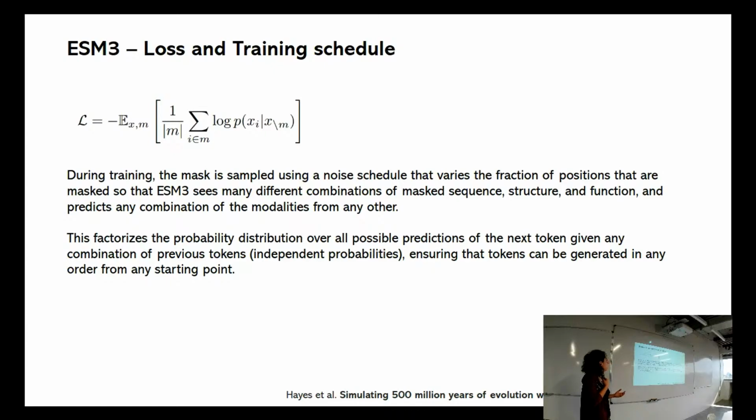This is done by not masking just some random amino acids, as we've seen yesterday in sequence, but playing this game many times and masking a different fraction of amino acids each time you run it. In this way, you obtain a probability distribution, and you can sample from it. This is how this model is generated.